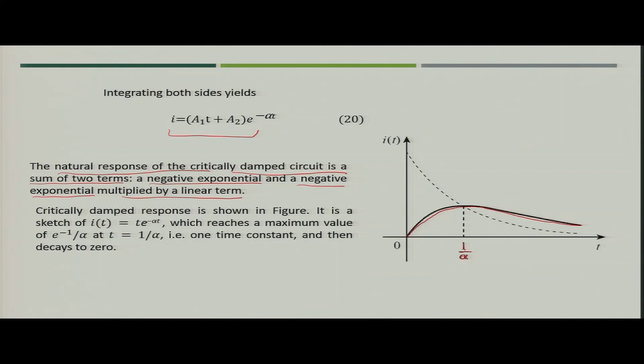If you put this value in I t equal to t into e to the power minus alpha t, the value will be maximum at t equal to 1 by alpha, and the value of the maximum is e to the power minus 1 by alpha. So, that means that after one time constant, the current will reach its peak value and then slowly decay to 0. This kind of response you will see when the system is critically damped.